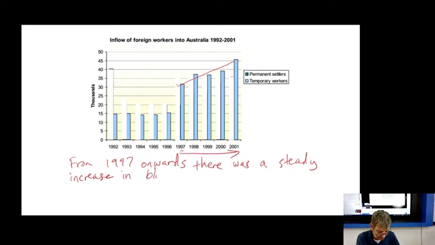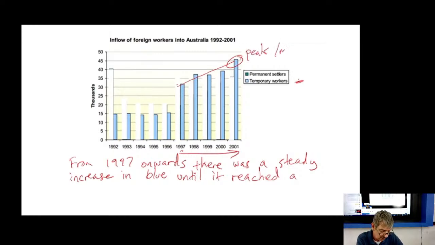In blue, we just said a steady increase in blue. You know what blue is, it's the number of temporary workers. And then we'll talk about the end point here until it arrived at. The word we use for that is reach, until it reached a peak.